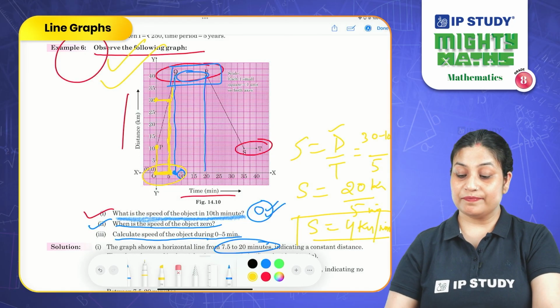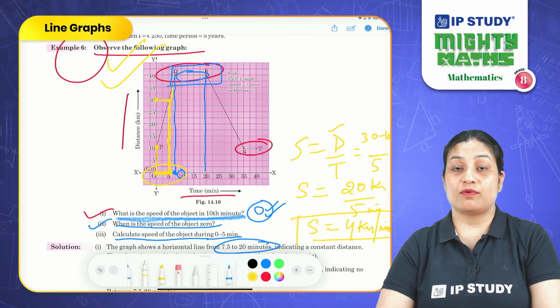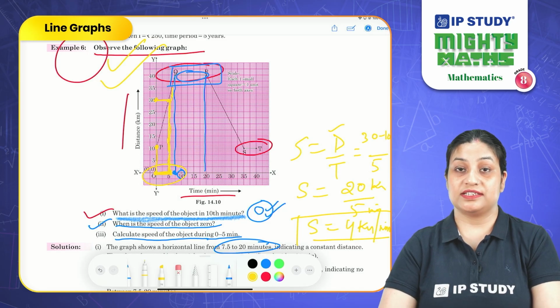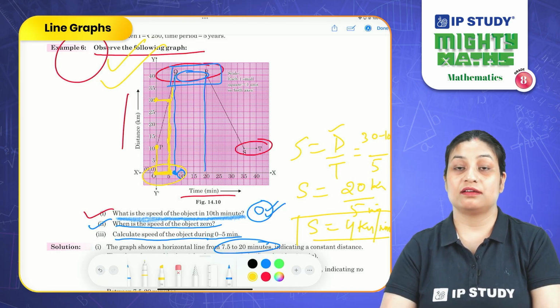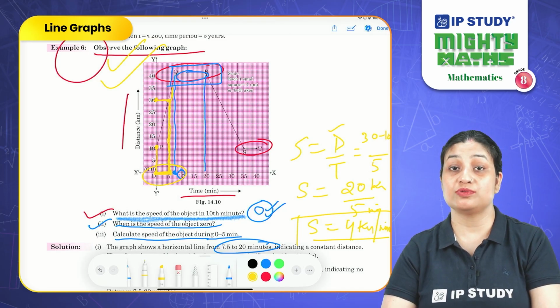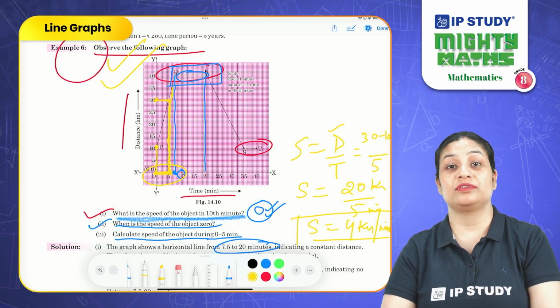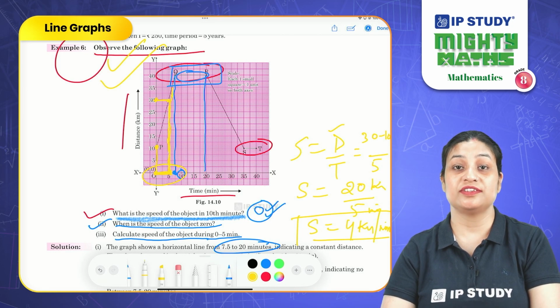So dear student, what we have discussed in this chapter, we have discussed the coordinate axes. We have discussed how to plot points on a graph paper. We have discussed the quadrants that we get when the two coordinate axes intersect each other at the origin.